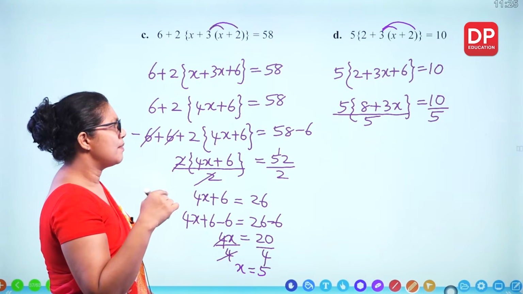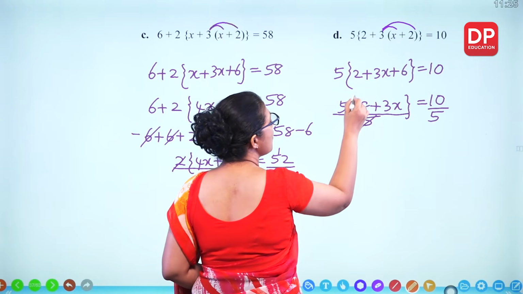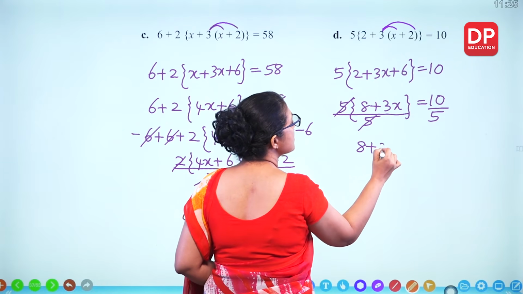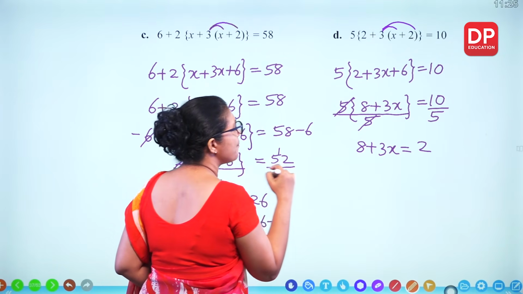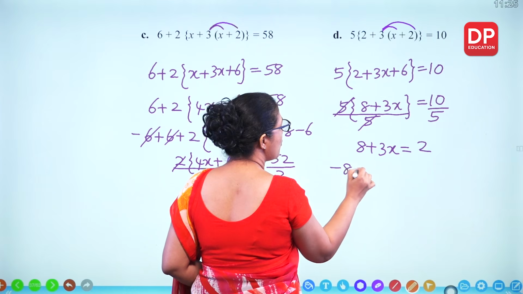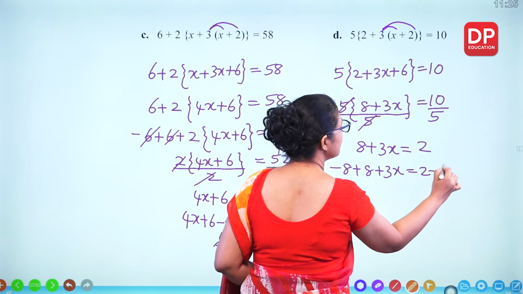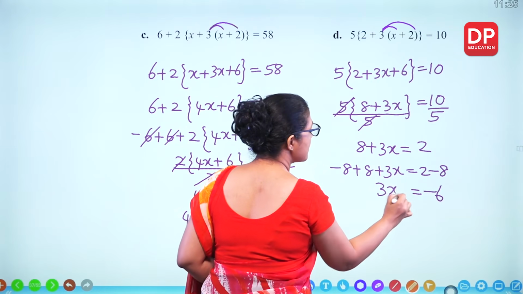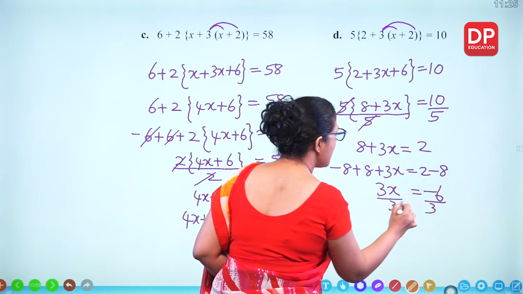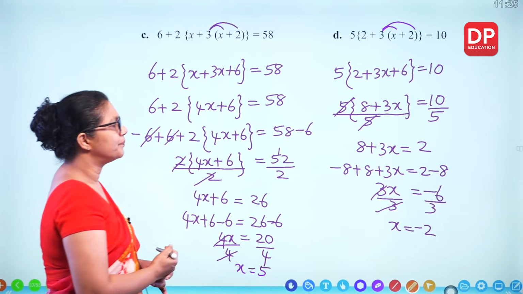If you can simplify, it's easier than expanding brackets. So divide by 5, that's 8 plus 3x equals 2, 10 divided by 5. Subtract 8 from both sides. You get minus 6 equals 3x. Divide this by 3. You get x equals minus 2.